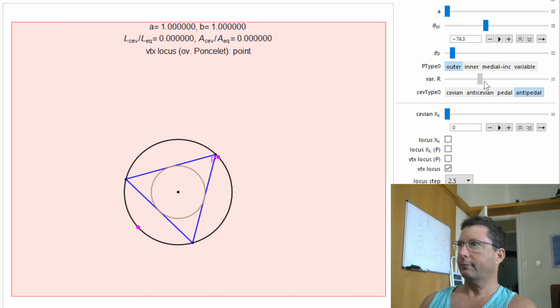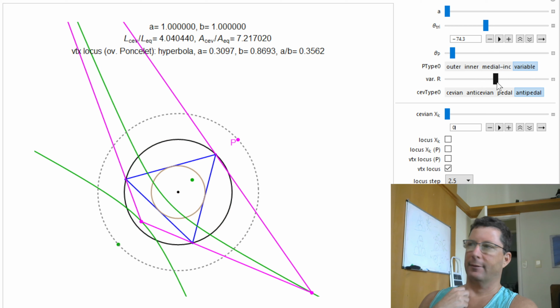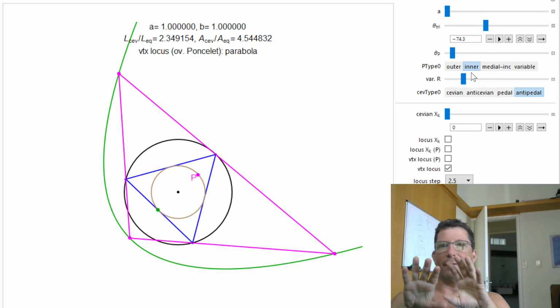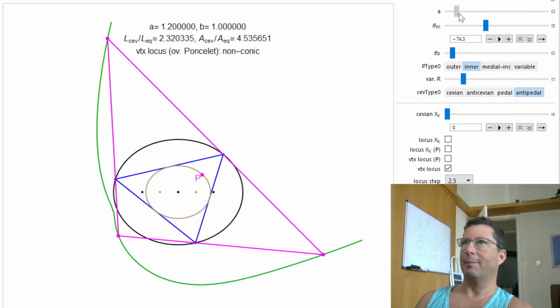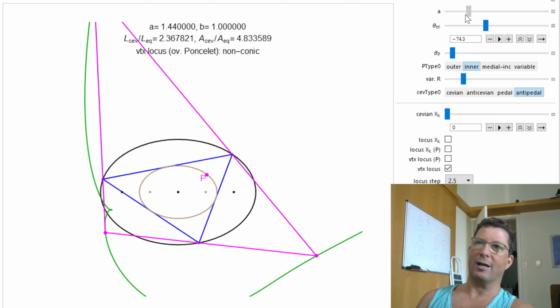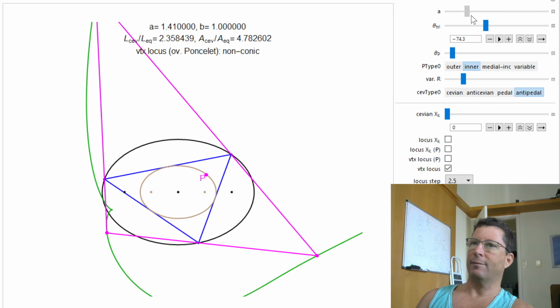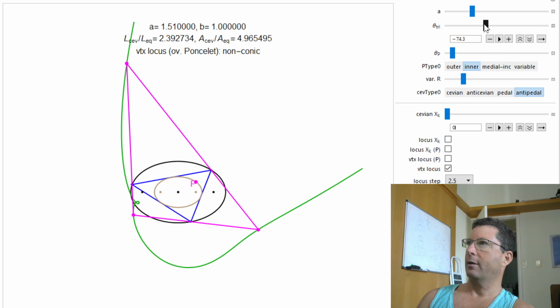Now, what happens to these loci? Let's go back to the parabola one, which was the simplest one. If I now apply an affine transformation to the system, what happens? I get a non-conic. You can see that the loci of my vertices are now non-conic. They can even have some self-intersection, like this.